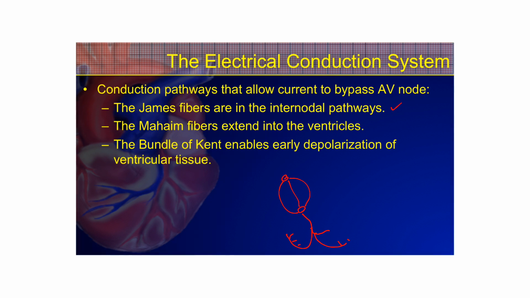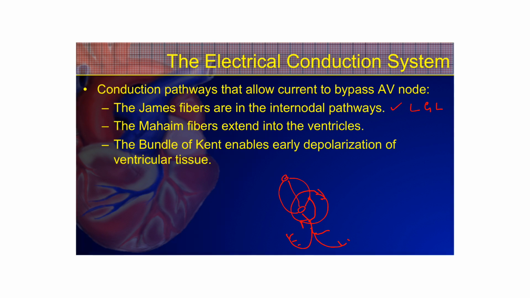So what the James fiber will do is it'll connect this internodal pathway to the bundle branches or the bundle of His by bypassing the AV node. So you can end up getting a pretty bad reentry tachycardia by doing that. That's called Lown-Ganong-Levine syndrome when you have that, LGL for short.